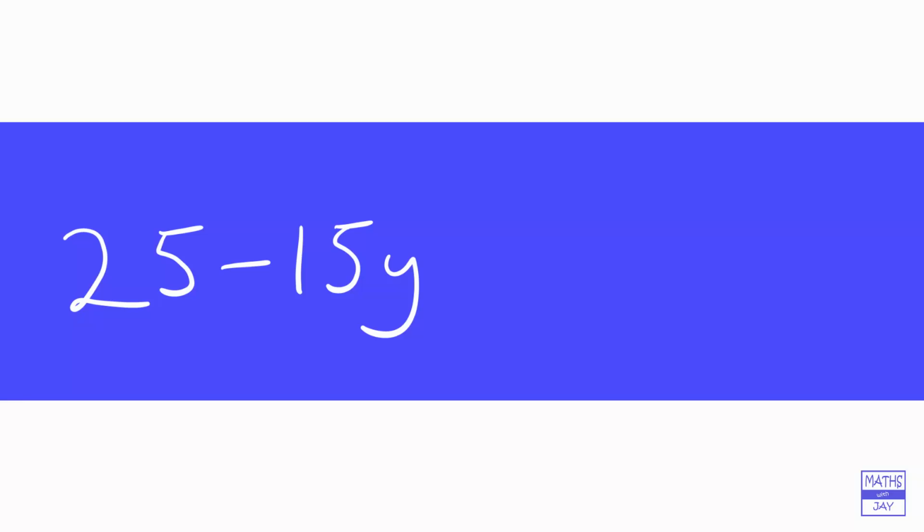So here we're looking to factorise 25 minus 15y. So we're looking at the numbers 25 and 15, and we know that they have a common factor of 5. So we've got the 5 outside the bracket, and we just need to think, what do we need to multiply 5 by to get 25?